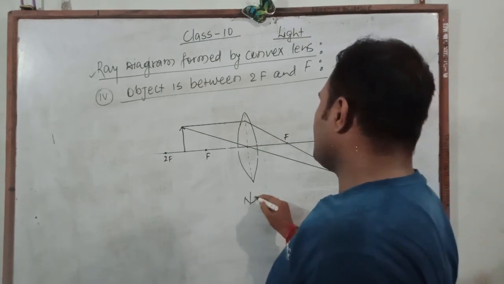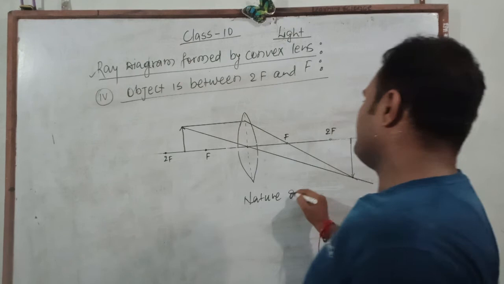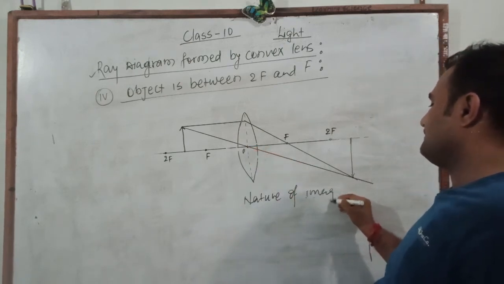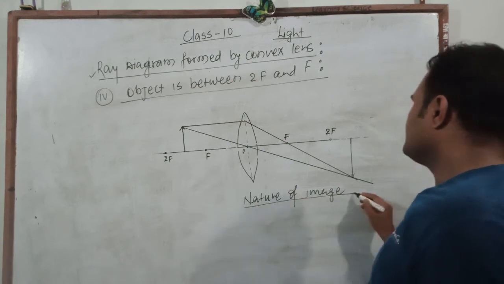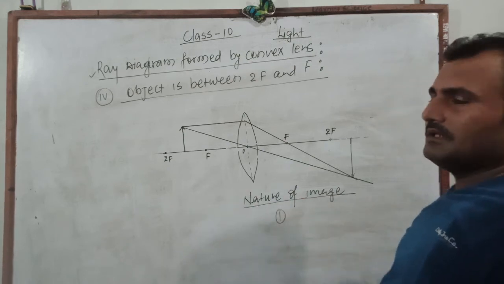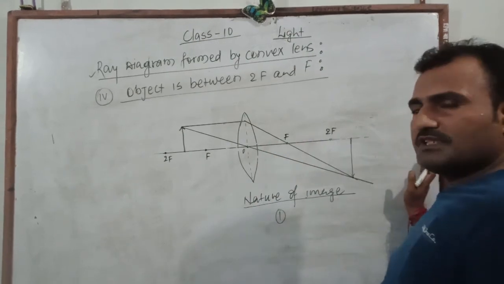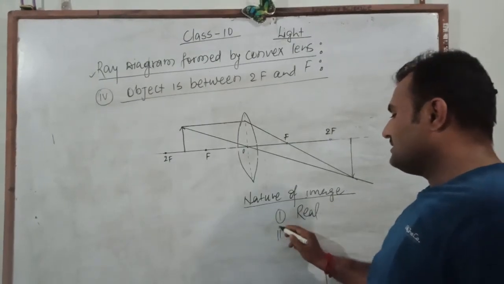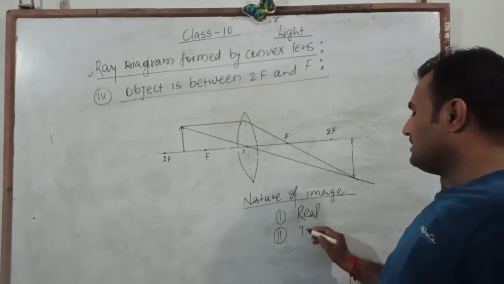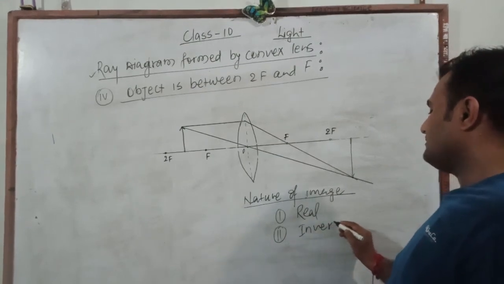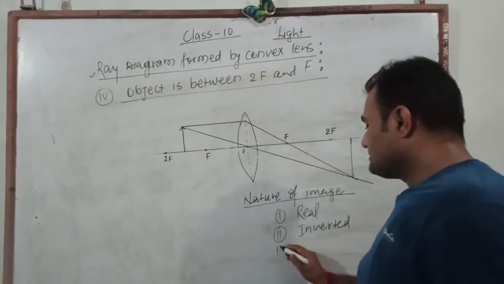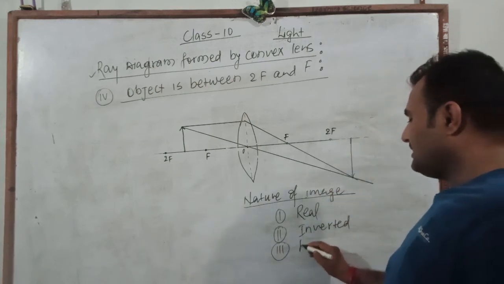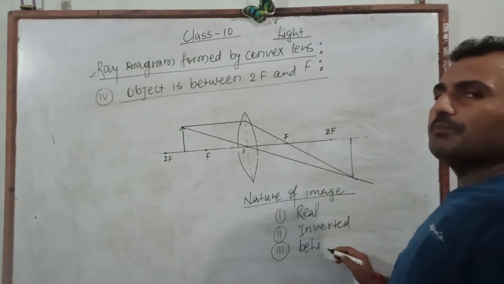And here we describe the nature of the image. And how can we describe it? At first, the image is on the opposite side of the object, so it is called a real image. A real image is always inverted. The second condition we write is inverted. The third condition is that the image is formed behind or beyond 2F.